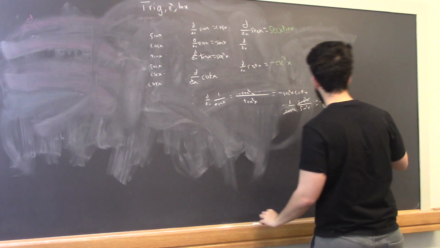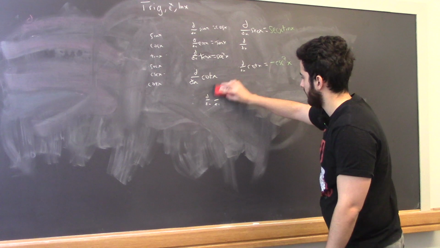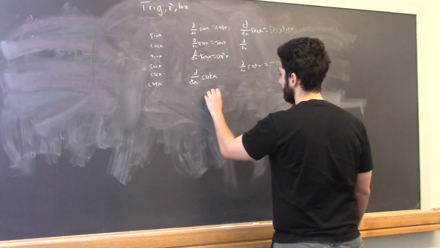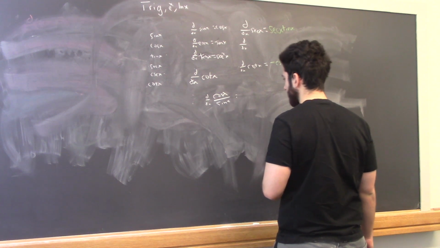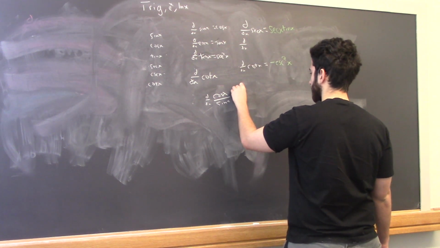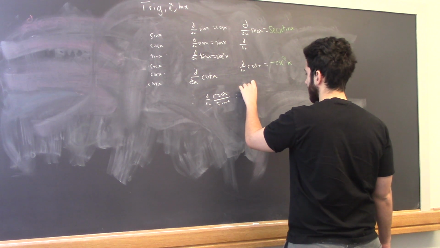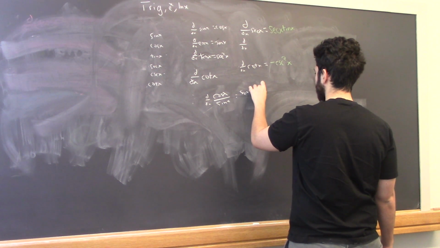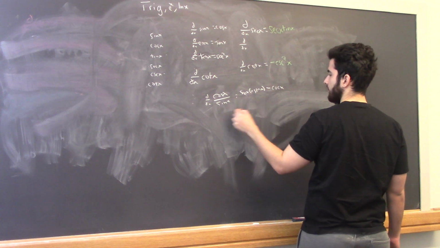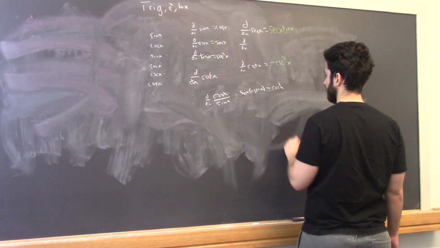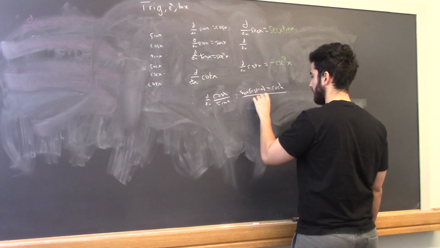That's nice to know. But let's do it again, this time saying that cotangent of x is cosine of x over sine of x. Right? So we get low sine x, d high, negative sine x, minus high cosine x, d low cosine x again, so it's cosine squared, over low sine squared.